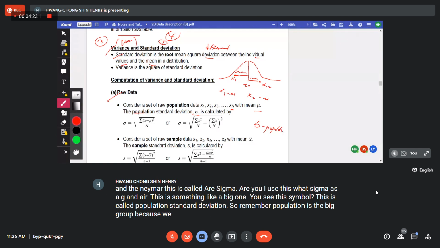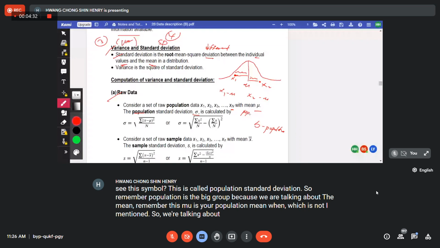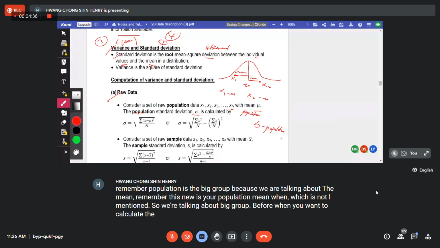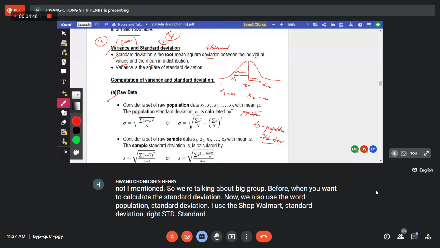Because we are talking about the mean, remember this mu is your population mean. As I mentioned just now, we are talking about the big group. Therefore, when you calculate the standard deviation, we use the words population standard deviation. I use the short form STD, standard deviation.